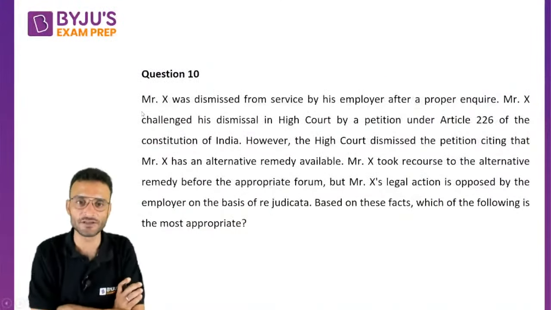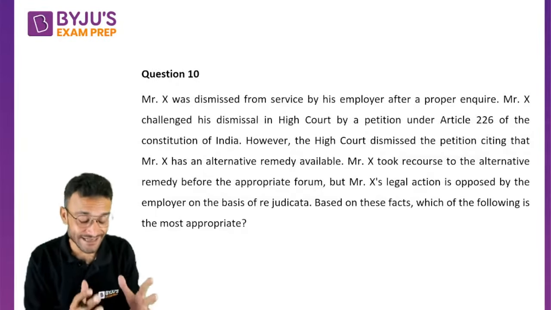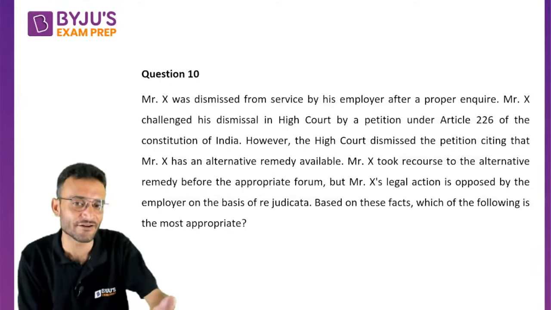Mr. X was dismissed from service by his employer after a proper inquiry. Mr. X challenged that before the High Court under Article 226. The High Court dismissed the petition because they said that he has an alternative remedy. Mr. X took that alternative remedy. Now, the court itself grants him the permission that you have an alternative remedy, go.